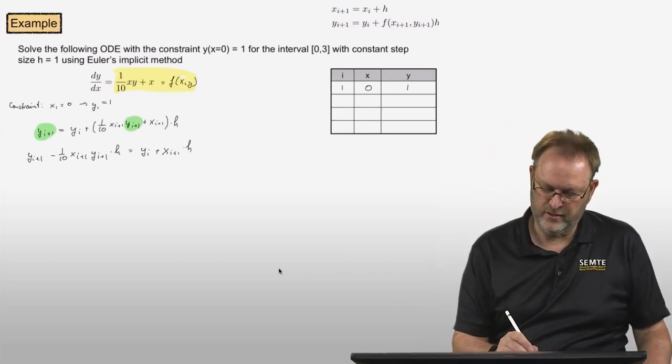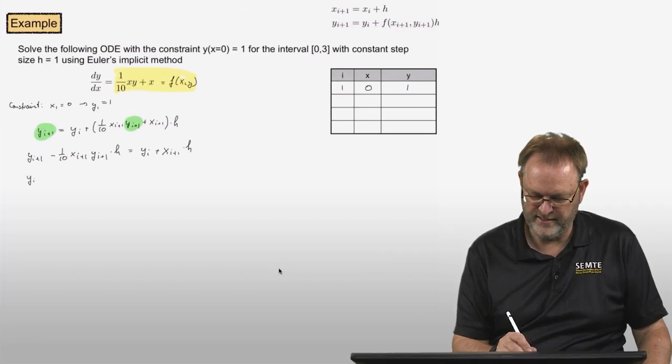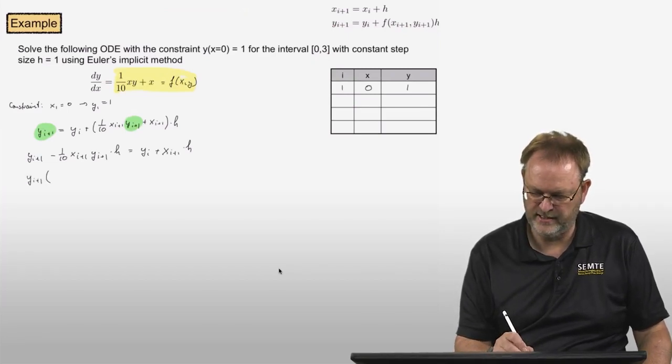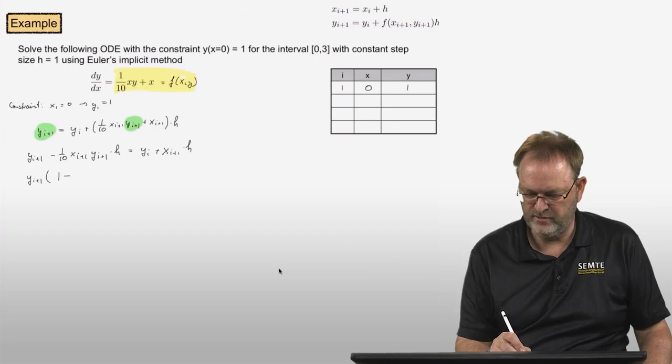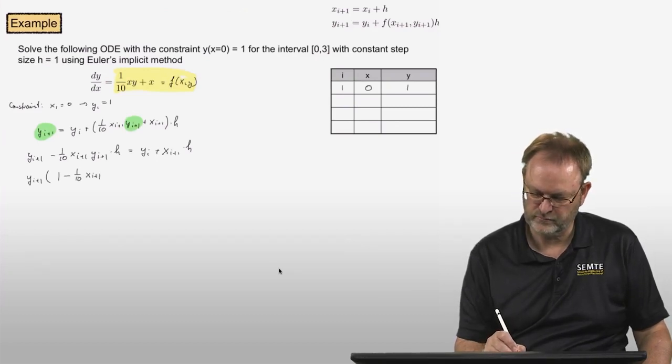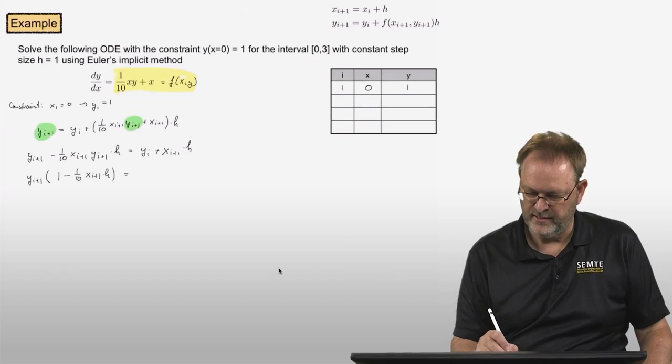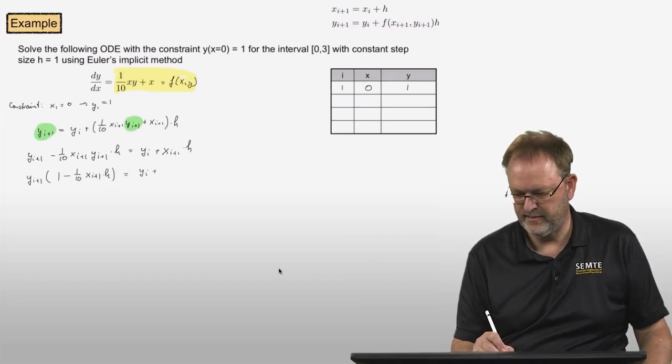So let's factor out yi plus 1 on the left-hand side. So yi plus 1 times 1 minus 1/10 times xi plus 1 times h is equal to yi plus xi plus 1 times h.